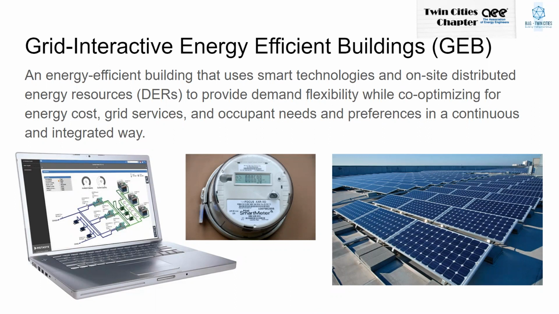And basically it's how do we take buildings, have them interact with the grid through two-way communication, to create some demand flexibility so that we can support the reliable power generation that we have, as well as make sure that we support the occupant needs and ensure that all the occupants are happy and productive.